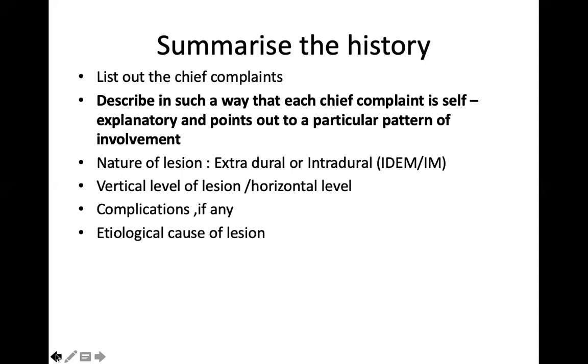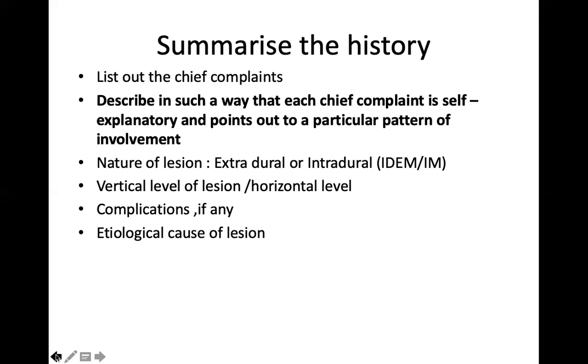So you have to start like that: my 30-year-old patient presented with 6-month history of neck pain, 4-month history of gradually ascending progressive spastic quadriparesis, which involved the right lower limb first, then the right upper limb, then the left upper limb and lower limb in a particular pattern, associated with sensory complaints, pain, touch, and temperature.